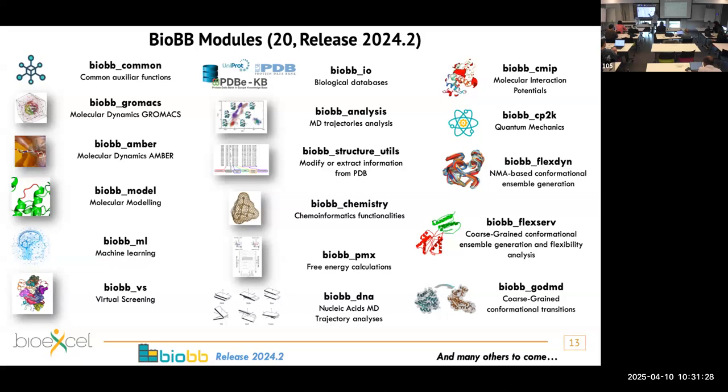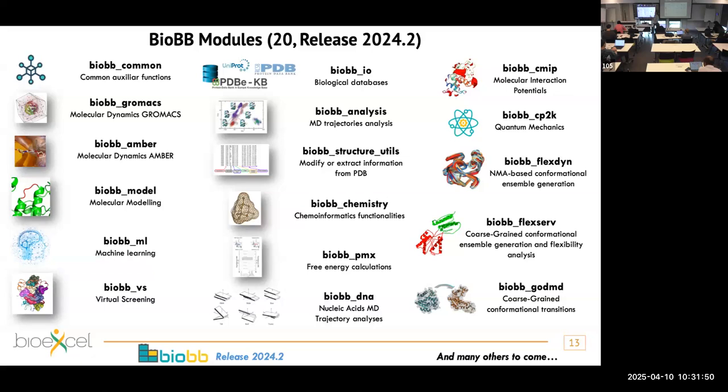That means that we are mixing different kinds of tools to analyze trajectories, and we put them all together in this different module. All of these modules, as you will see in the next slide, have their own GitHub repository, and that means that they will also have a Conda package associated, but that's for the next slide.